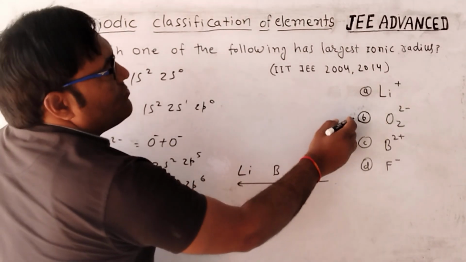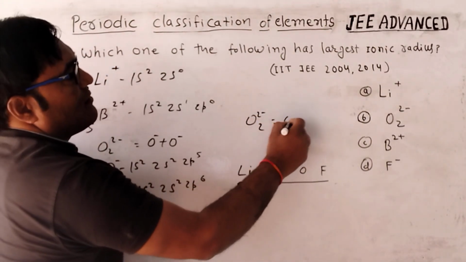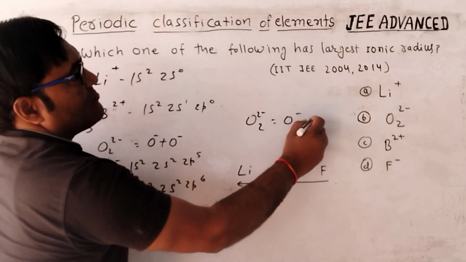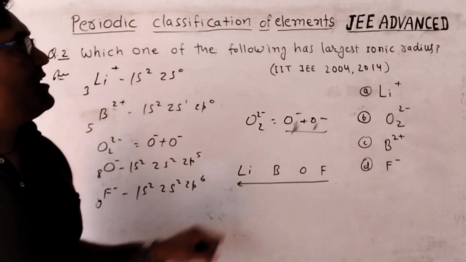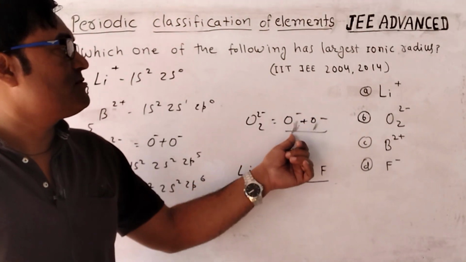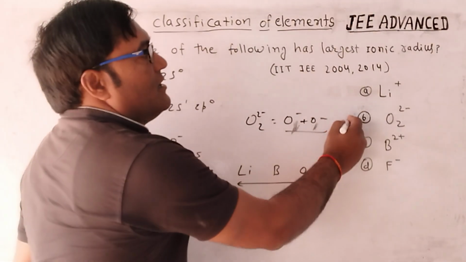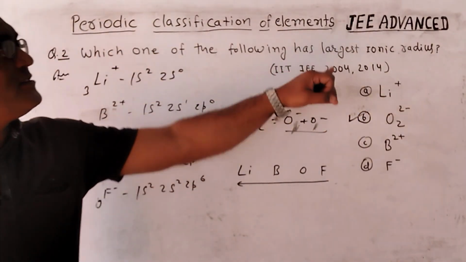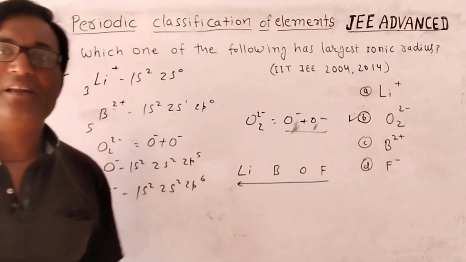But in case of O2 double minus, it is O minus plus O minus. So for calculation of their ionic radius, we can add the radius of oxygen single minus and oxygen single minus. So in these four options, in option B, the large radius is present in O2 double minus. So we can take a screenshot.